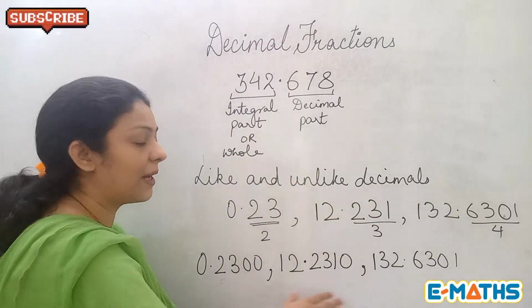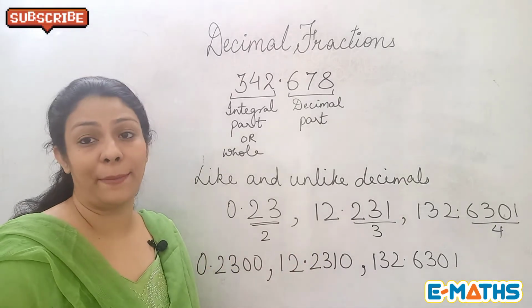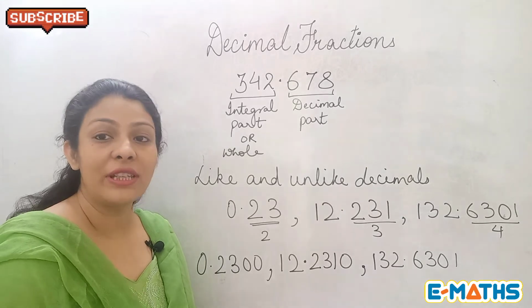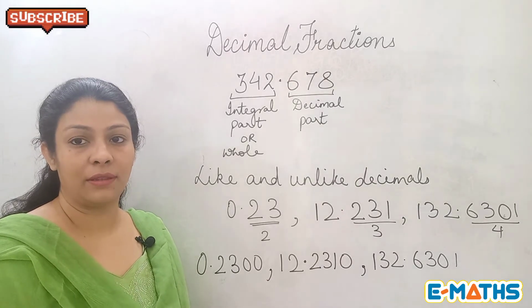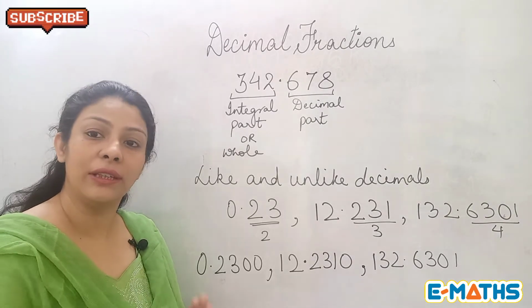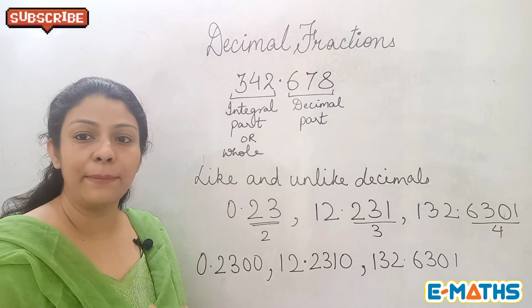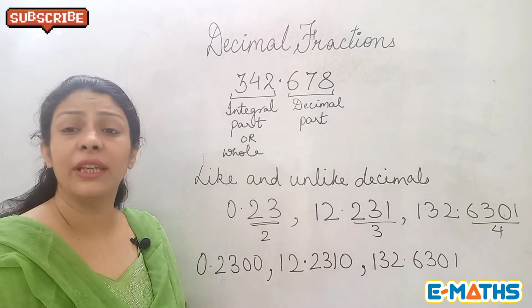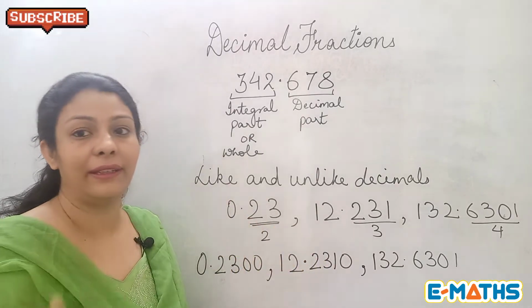Now all these numbers have the same number of decimal places, which means all of these numbers are like decimals. The only thing to keep in mind while making like decimals is to see the decimal part only and check whether all of them have the same number of digits or not. If they do not, you can make them like by just adding zeros at the end.